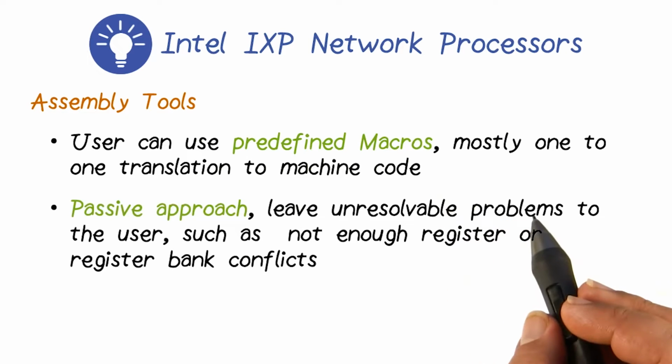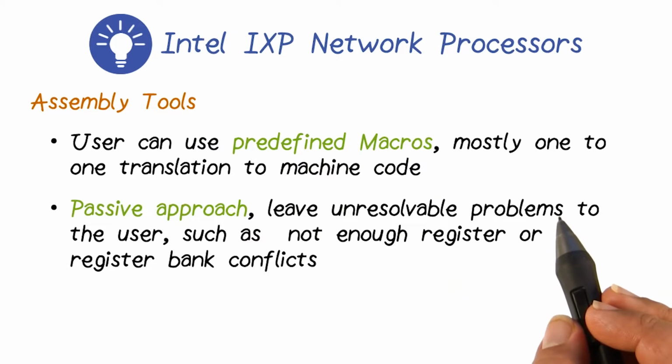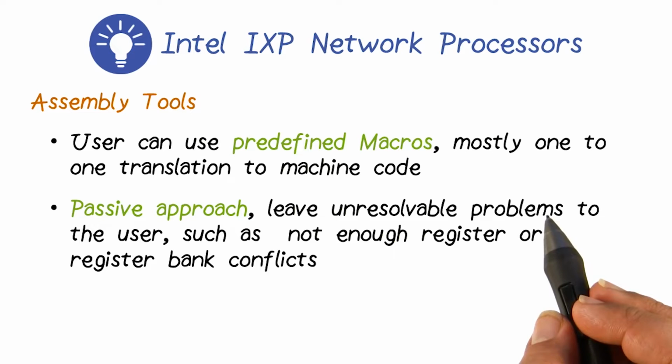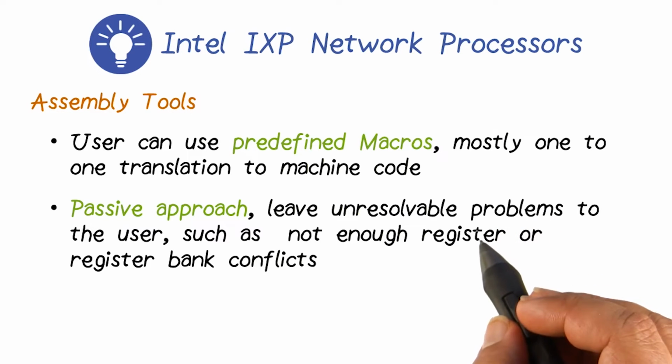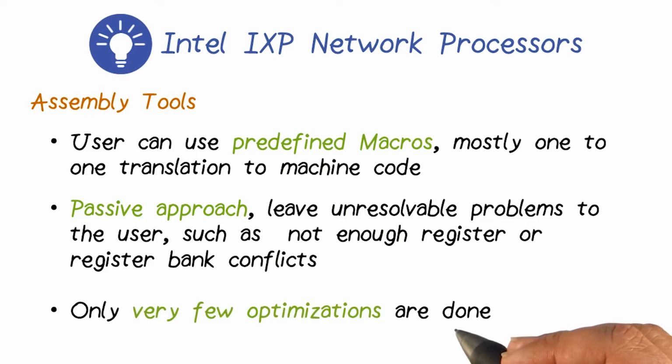This was a passive approach and would leave a lot of unresolved problems to the user or the programmer, such as handling not enough registers or register bank conflicts, or even writing very inefficient code even if it gets through the assembler. In particular, very few optimizations were done to make the code highly tuned, and so the class of applications that one could port on these network processors matching the line speeds was very limited.